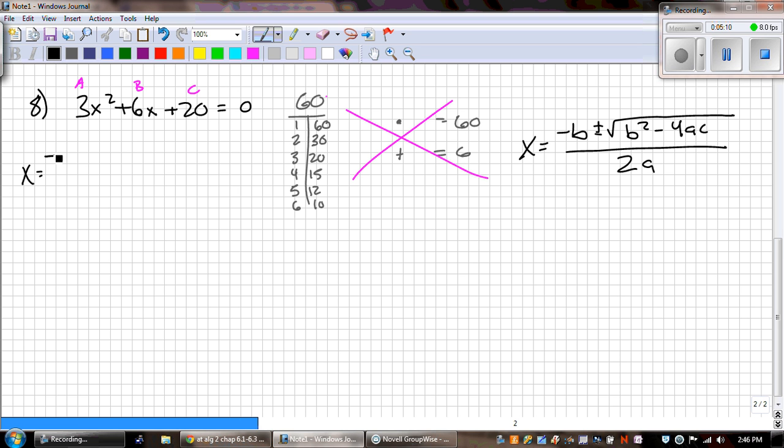So the opposite of B plus or minus the square root of B squared minus 4AC all divided by 2A. All right?